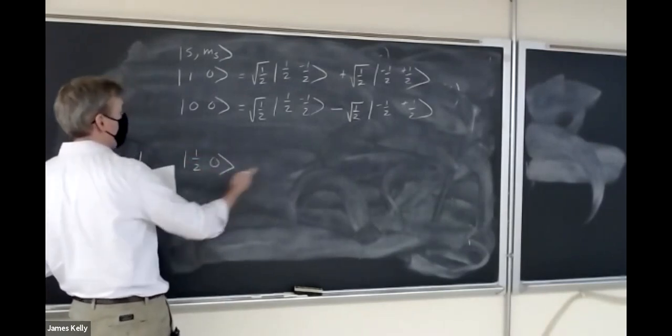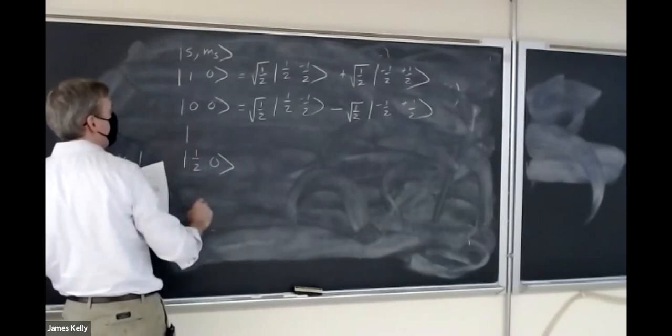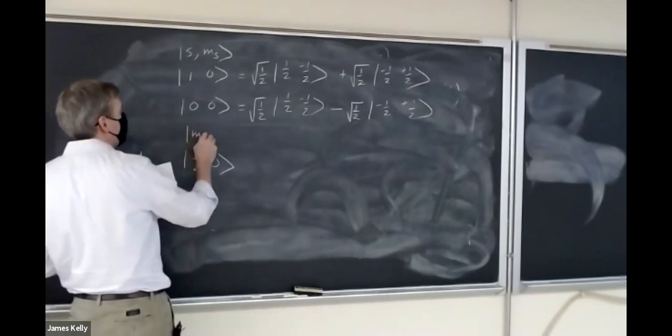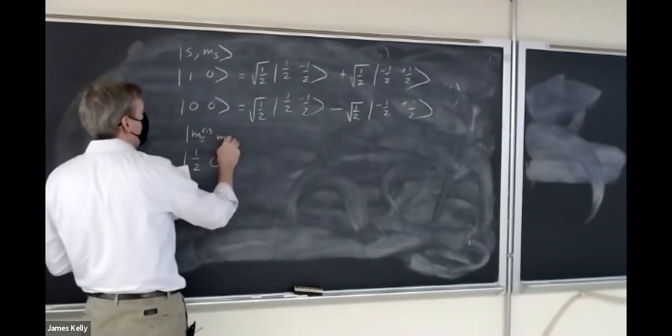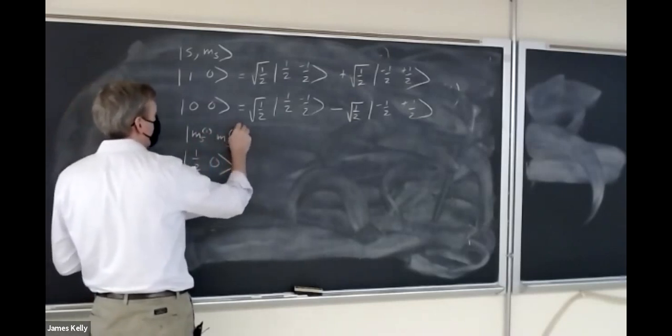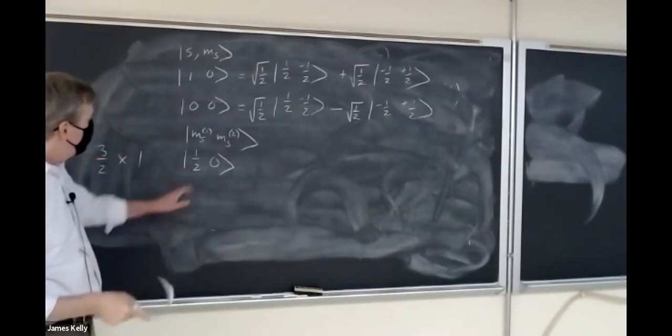Since I'm reading a row here, this is the m sub s of particle 1, and this is m sub s of particle 2. So that's an individual description there.